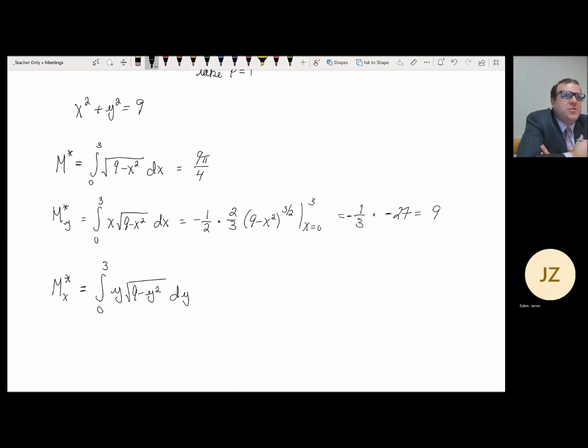It's the exact same integral, just a different variable. Verification complete.